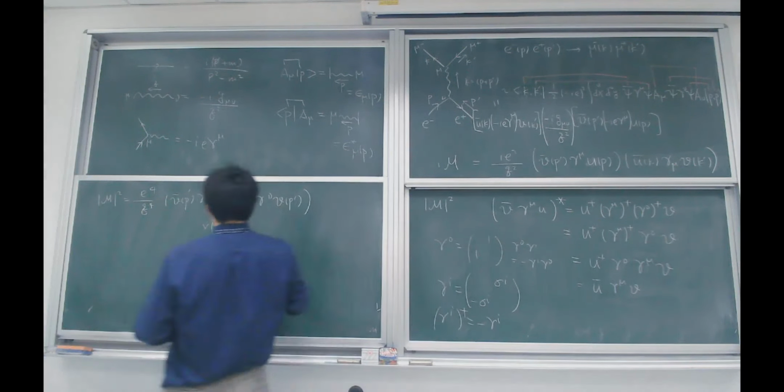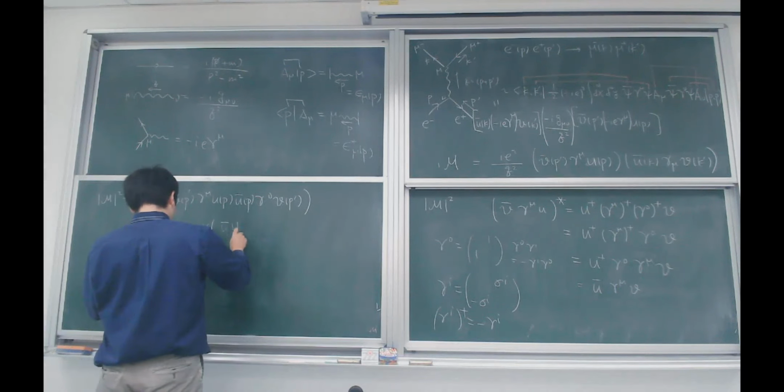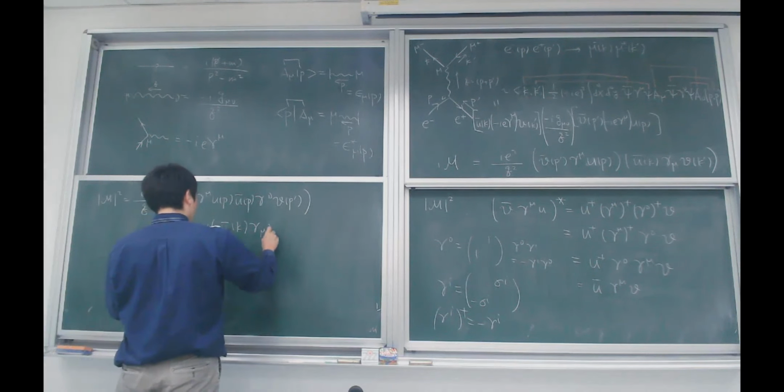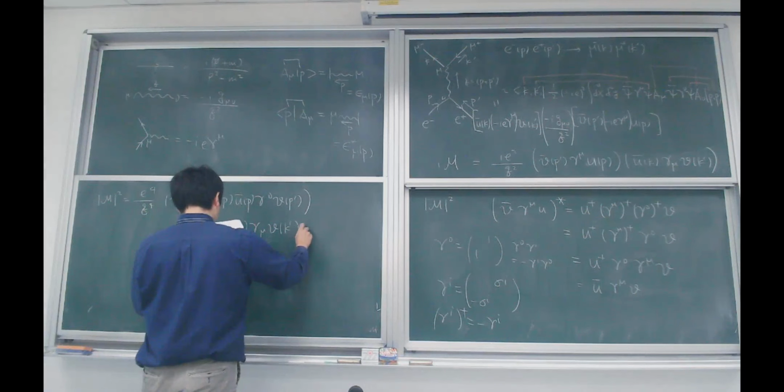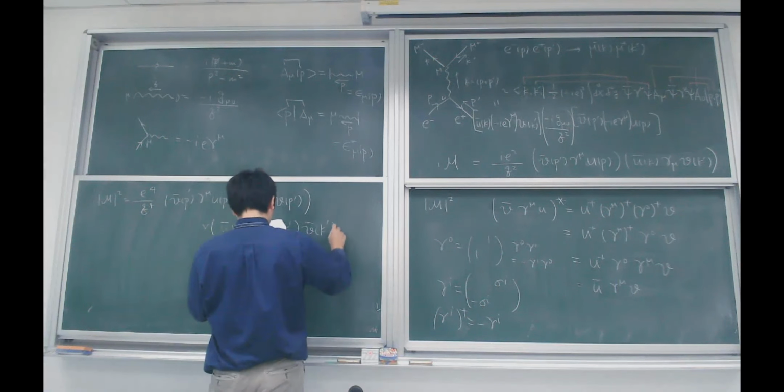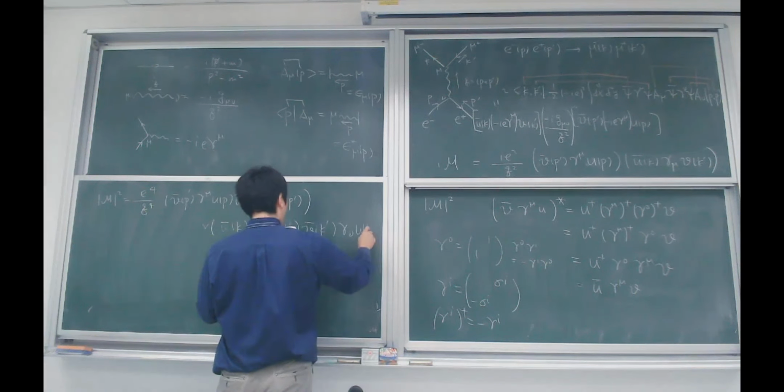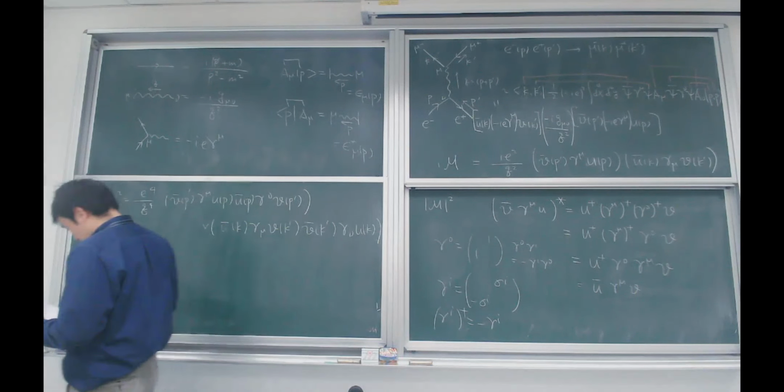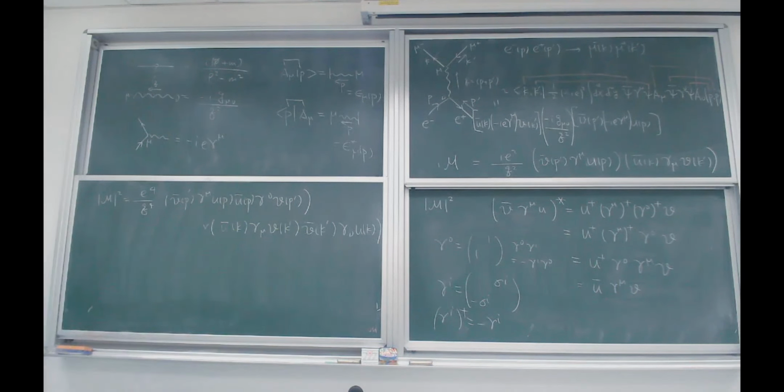So we just do u bar(k) gamma mu b(k') b bar(k') gamma mu u(k). That's okay.